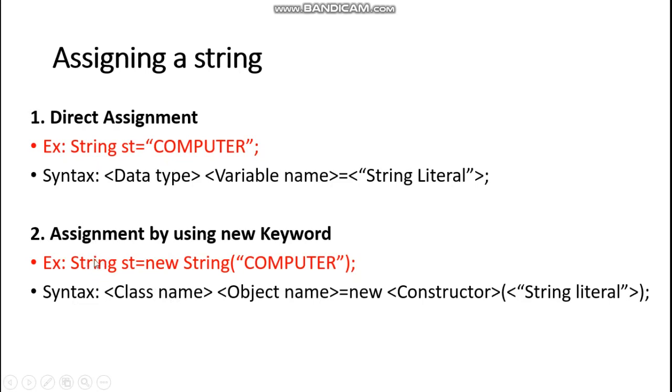That means String, our class name, and st, the object name we are creating, and using the new keyword you can see again String here, that means the constructor. You studied in the previous chapter on constructors that the class name should be equal to the constructor name, right? So inside the brackets you can give the string literal or string value. These are the two methods by which you can assign a string.